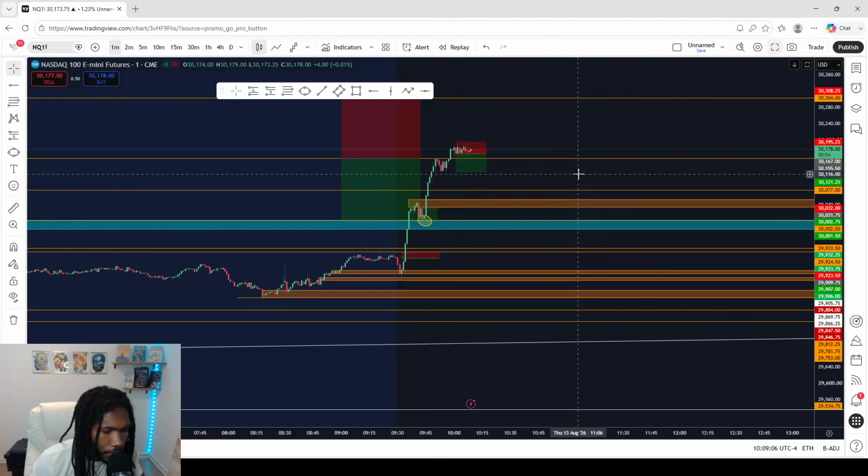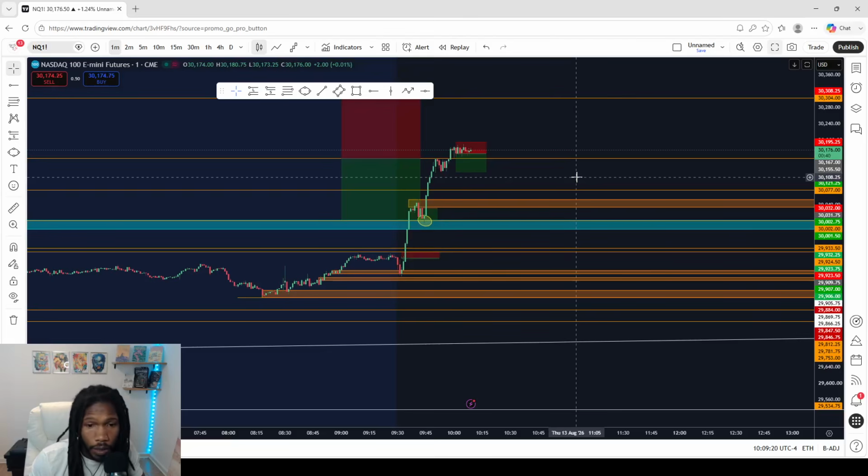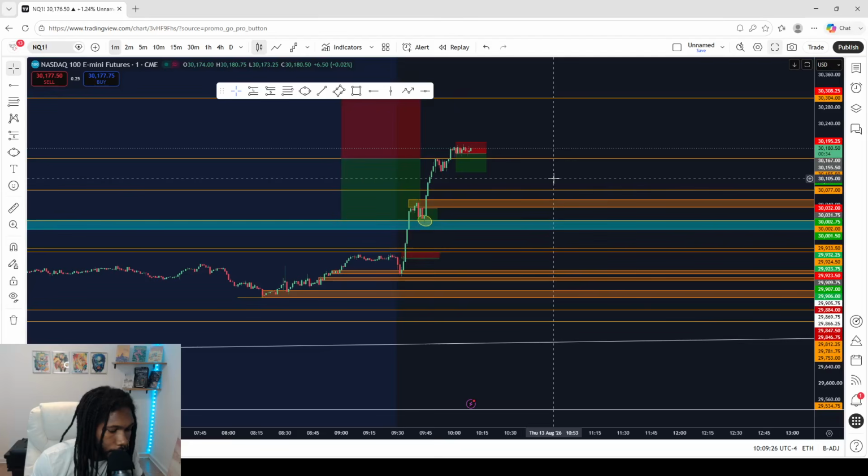See, the market found some support at that entry level. We need price to just push back down. Just got to be patient. It's a mental game and it's a waiting game.